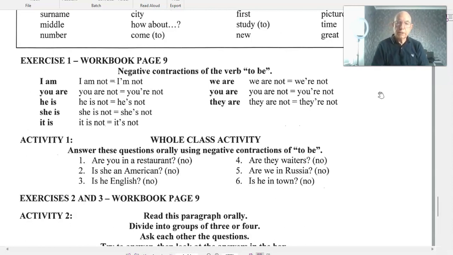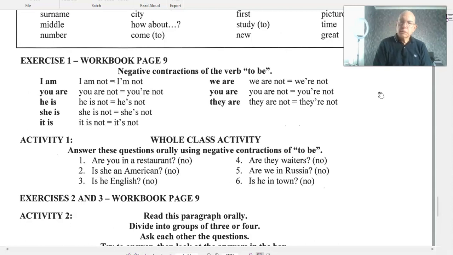This is the verb to be or not to be. That is the question. But you can use positive also. I'm a professor. So I'm making a contraction of I am. I'm a professor. You're a student. He's a student. She's a student. It's a book. Whatever.